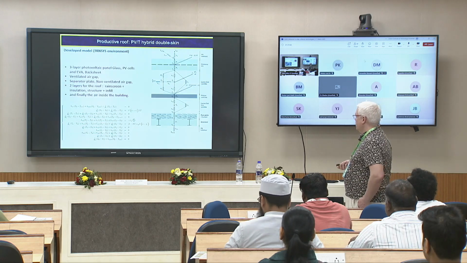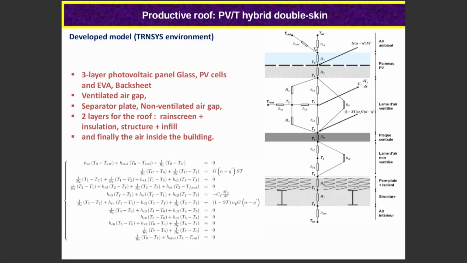Okay, good. So we have developed also a model, the same approach. This is a cut in the channel of the hybrid PVT. Here you can see the roof. There was an insulated roof, there was iron, and as it is an industrial building, insulation.